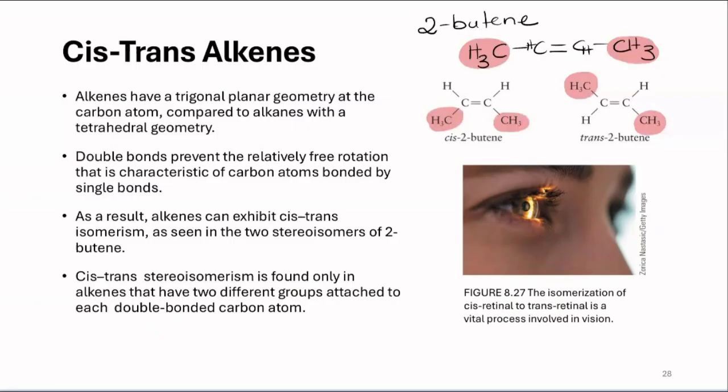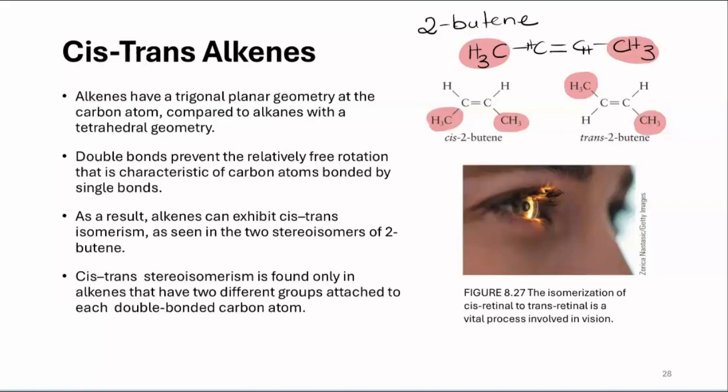And what occurs is that thanks to this double bond that is unifying the two carbons in an alkene, all of a sudden having that trigonal planar geometry on those carbons gives us the ability to have different types of isomers that have different connectivity, but this different connectivity is in terms of space.